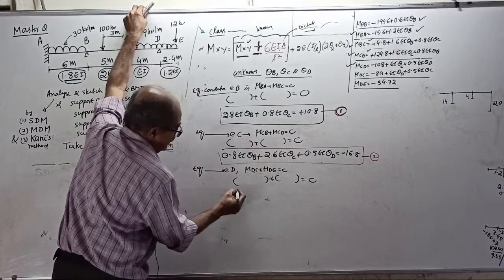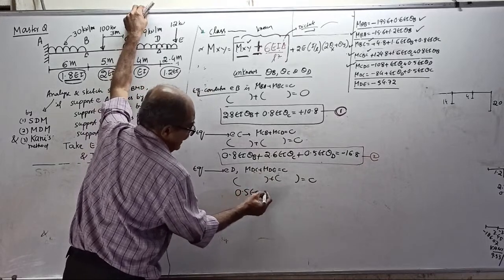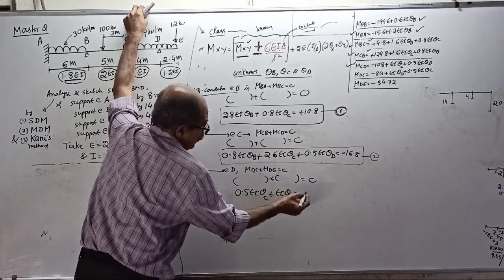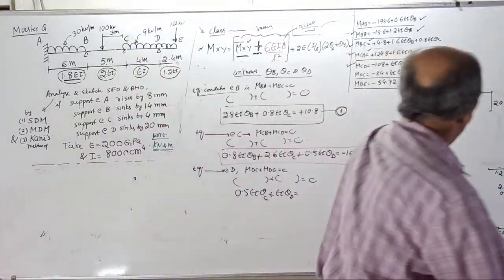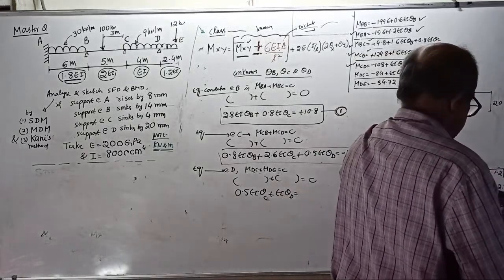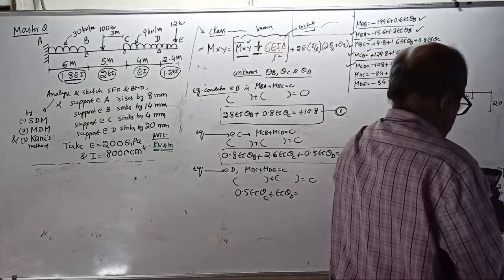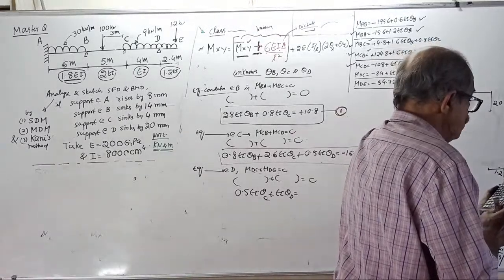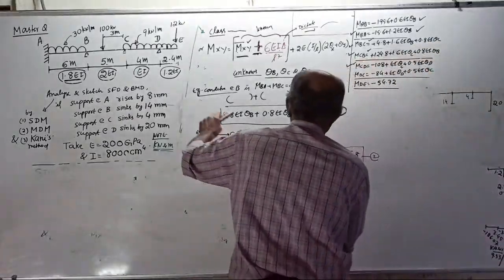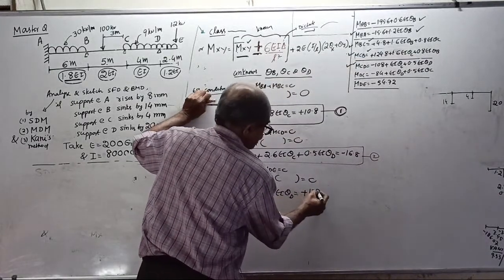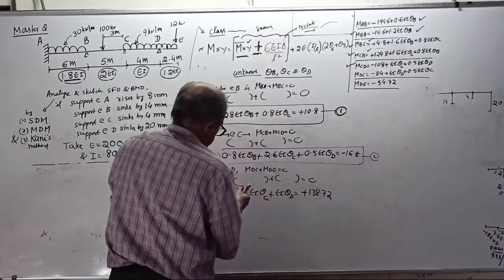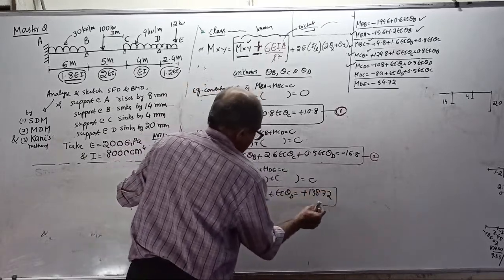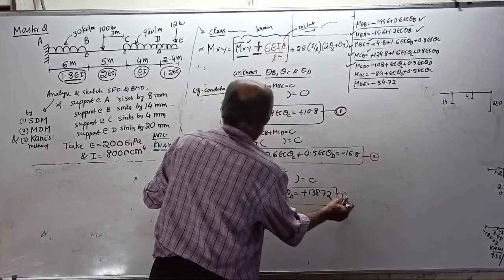You will get 0.5 EI theta C plus EI theta D equal to MDC is minus 84 minus 54.72 equal to plus 138.72. You check the equation. This is your equation number 3.